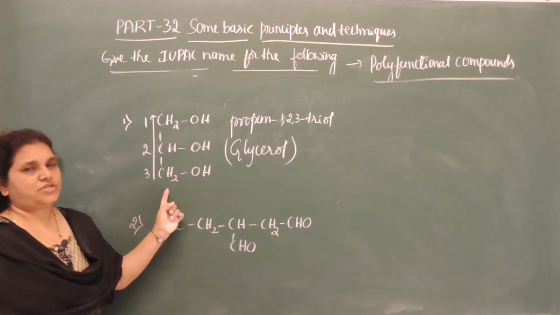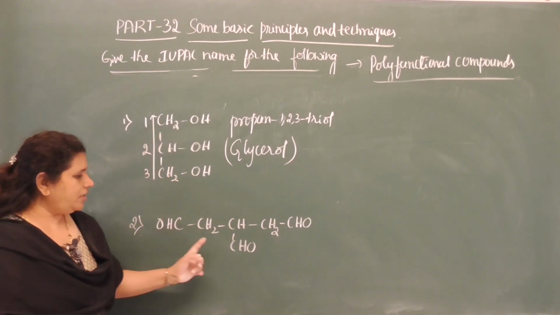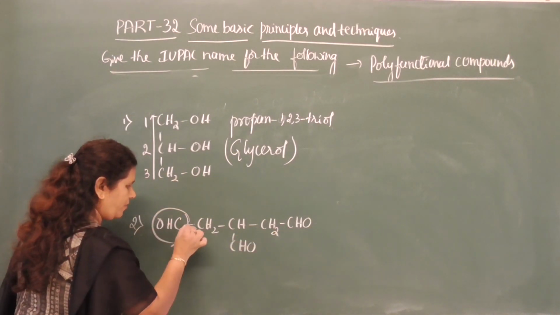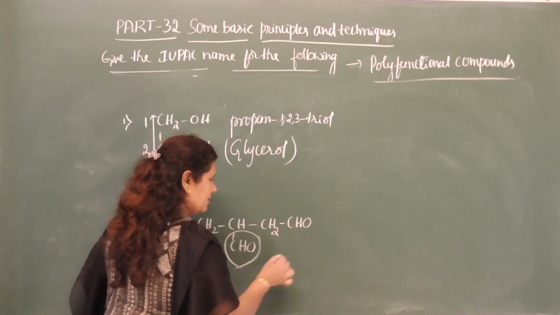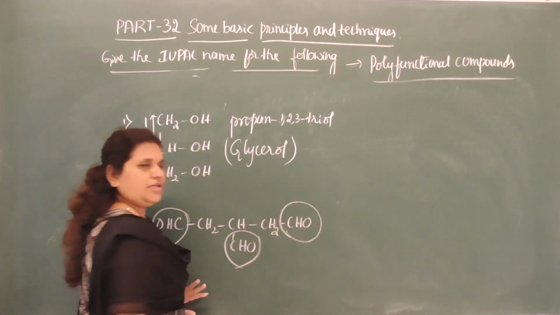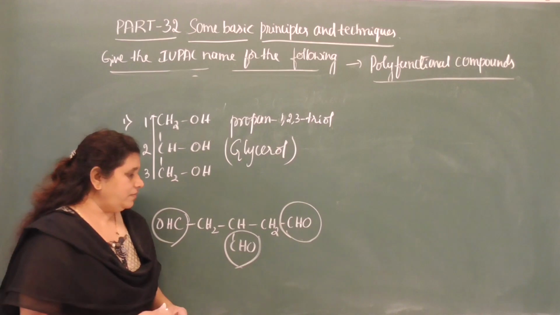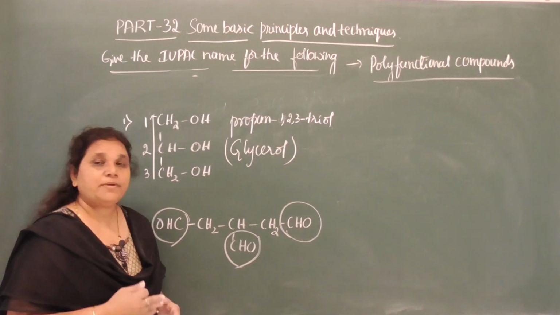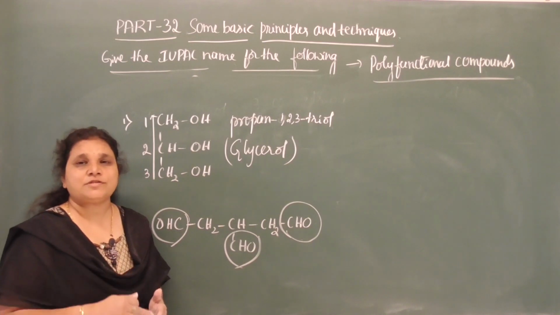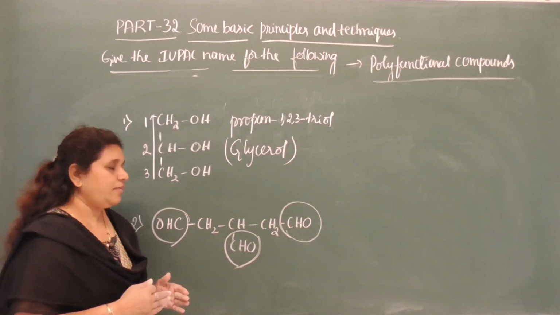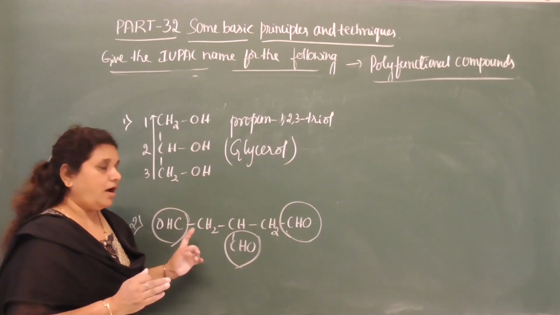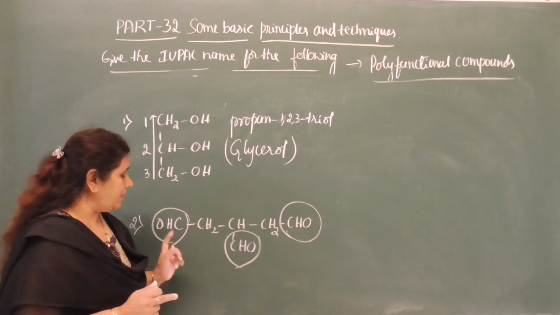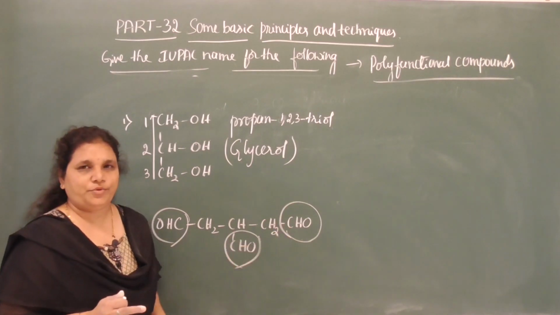This is the carbon chain. Now, 3 CHO groups are there. Aldehyde functional group CHO, CHO, CHO. Now, when more than 2 like carbon containing terminal functional groups are there, we have to name it as a derivative of the parent alkane, where we are not considering the carbon atom to the root word.